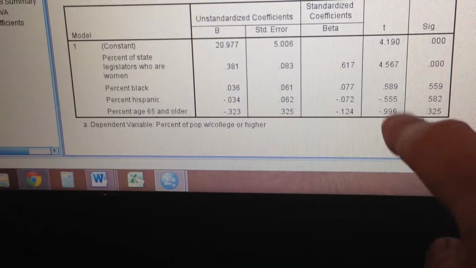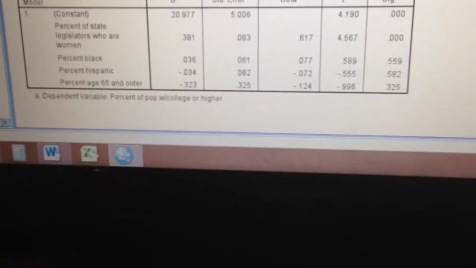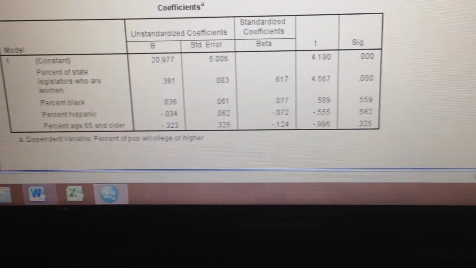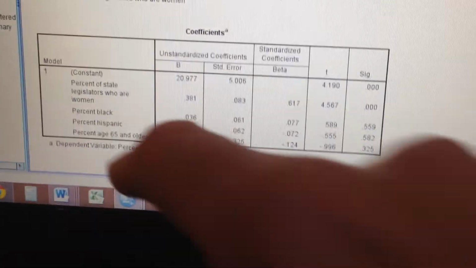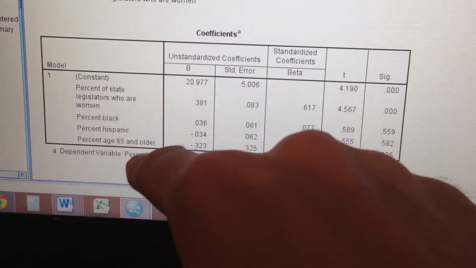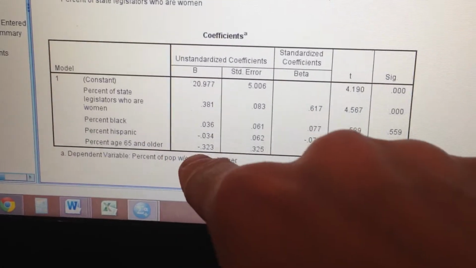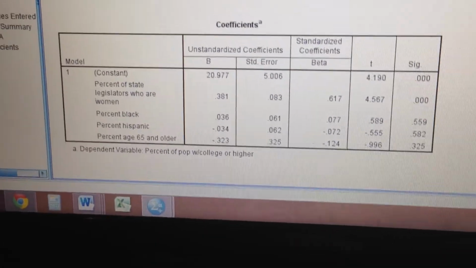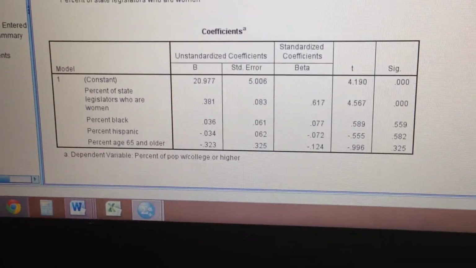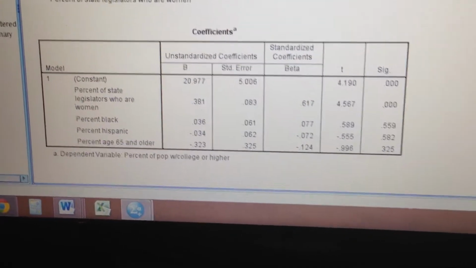But look at this. All these other three, our BS meter is well above the 0.2 threshold that we established for this class, right? So that means that we cannot take any of these as having a real relationship with the dependent variable, with the percentage of a state's residents that have college degrees, okay?